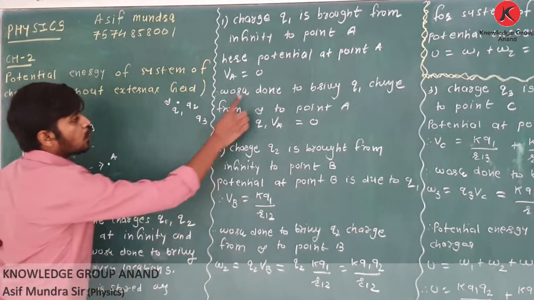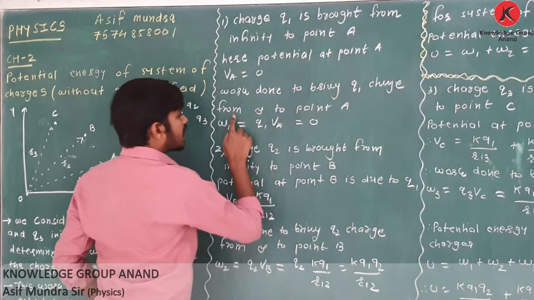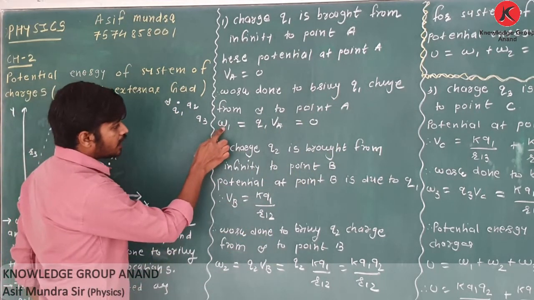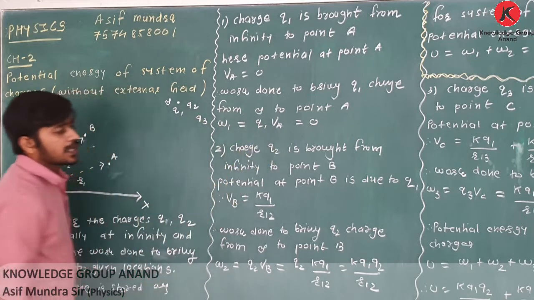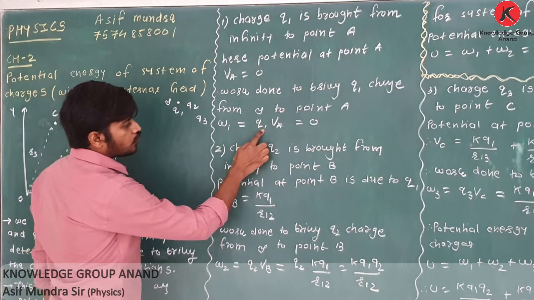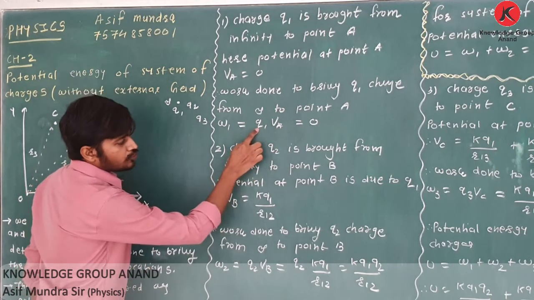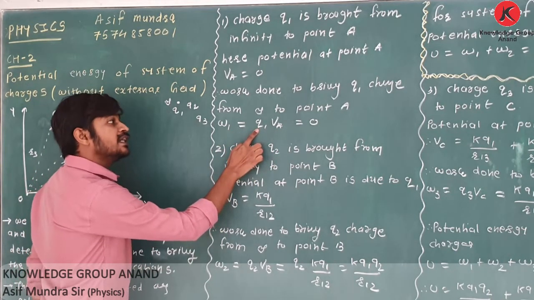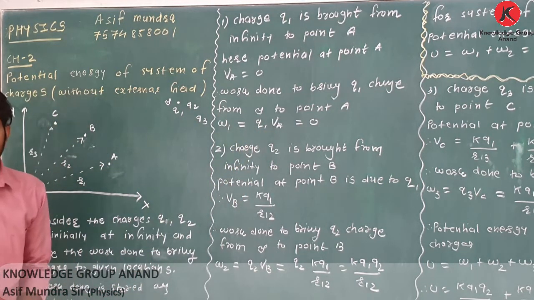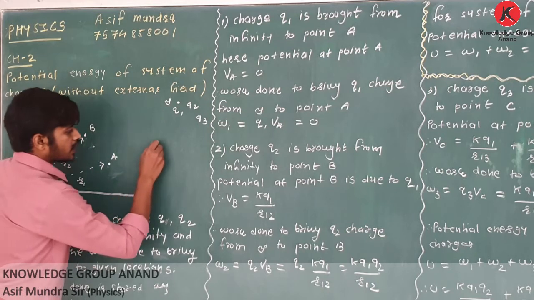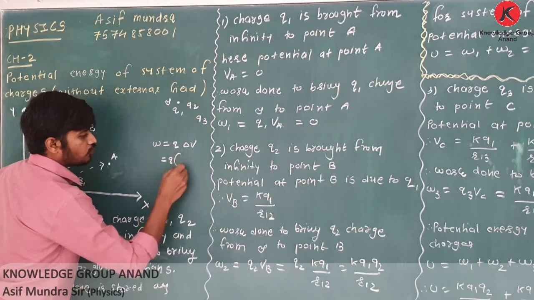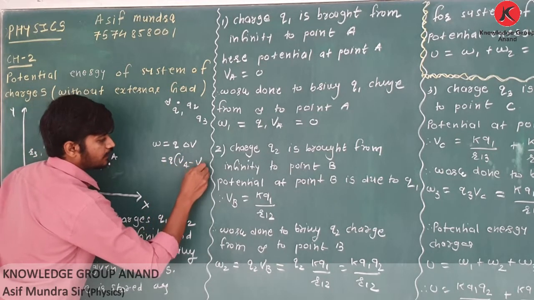Then what is the work done to bring Q1 charge from infinite to point A? We have one equation of work done: W is equal to QV. Then W1 is equal to Q1 VA. We have to bring Q1 charge from infinite distance to point A. Now, the actual equation is W is equal to Q delta V is equal to Q times VA minus V infinite.